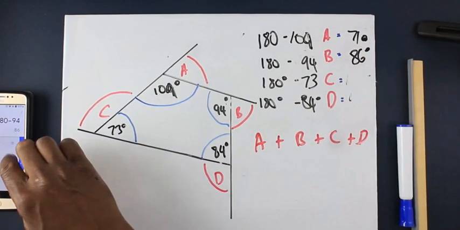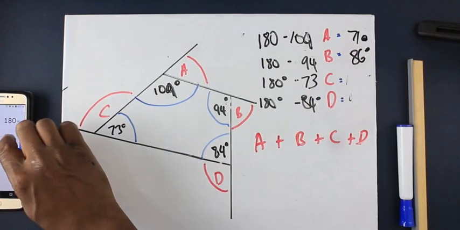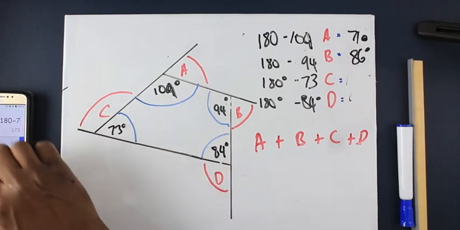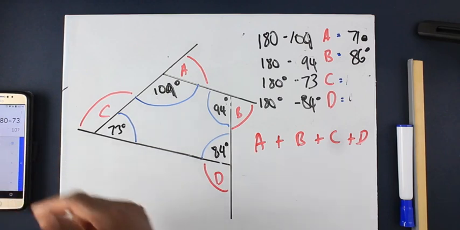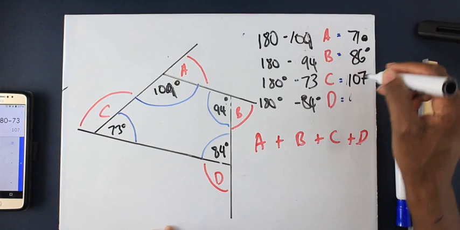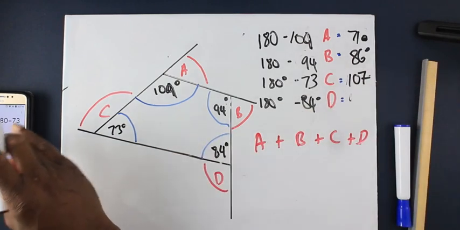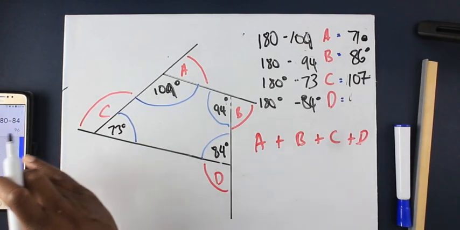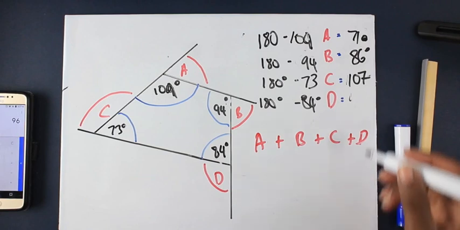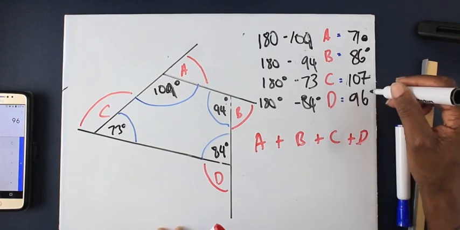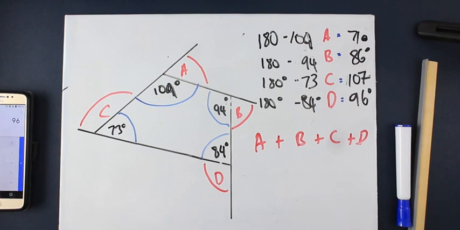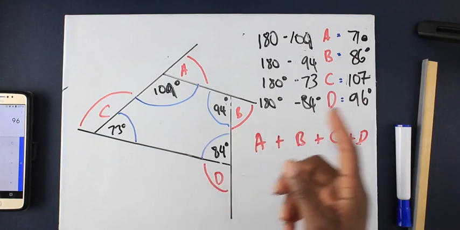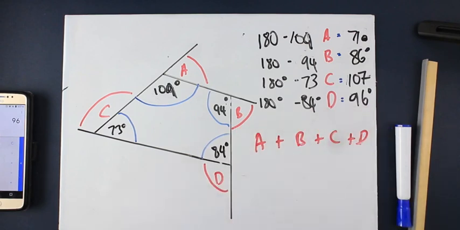And then the angle adjacent to C is 73 degrees, so 180 minus 73 will give us the angle C, that's 107. And finally, the angle adjacent to D is 84 degrees, so if we do 180 minus 84, that gives us 96 degrees. So there we have it. We have A equals 71, B equals 86, C equals 107, and D equals 96.